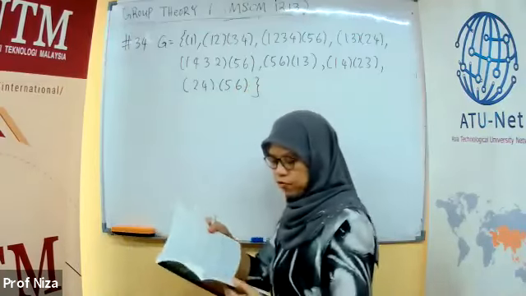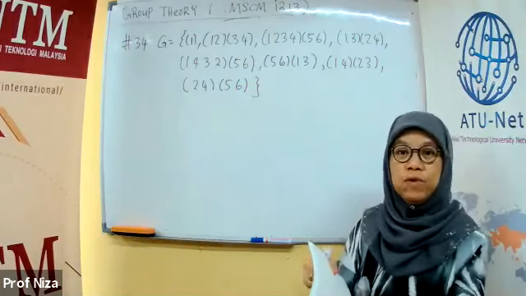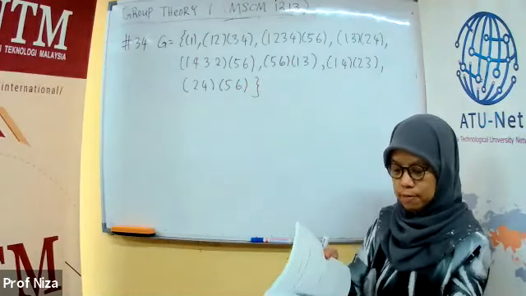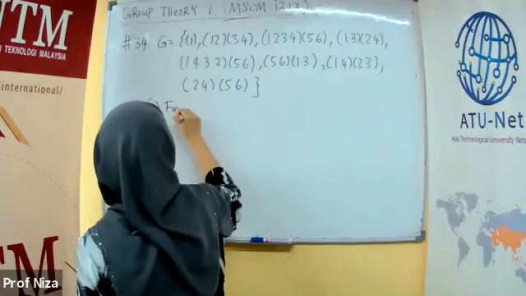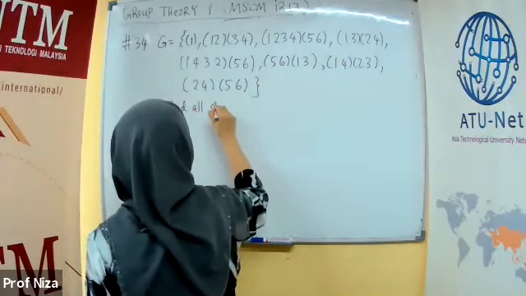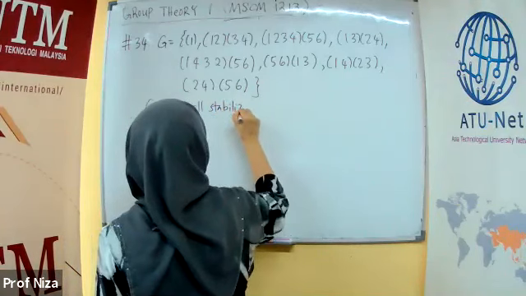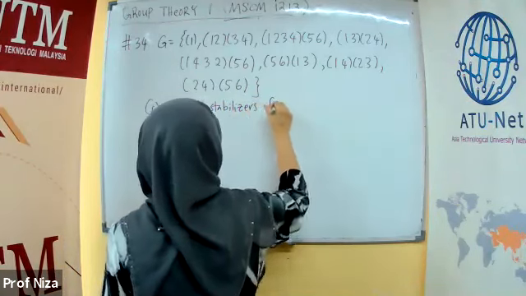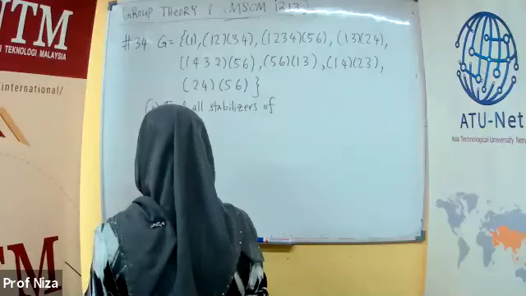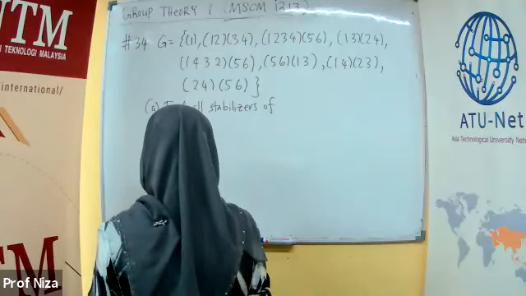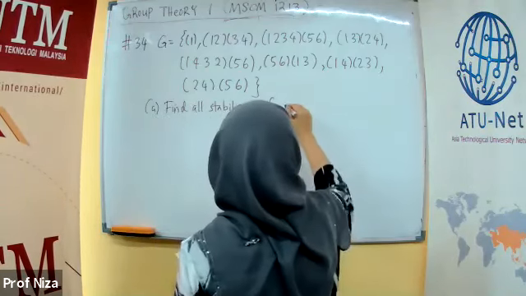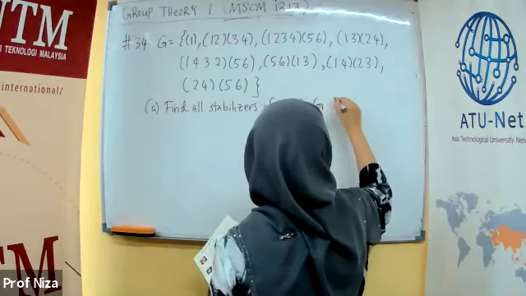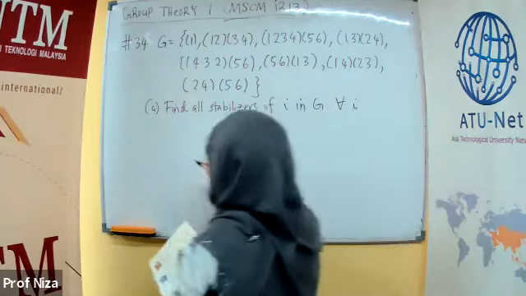The question is to find some, but I want you to find all. A, find all stabilizers of i in G for all i.